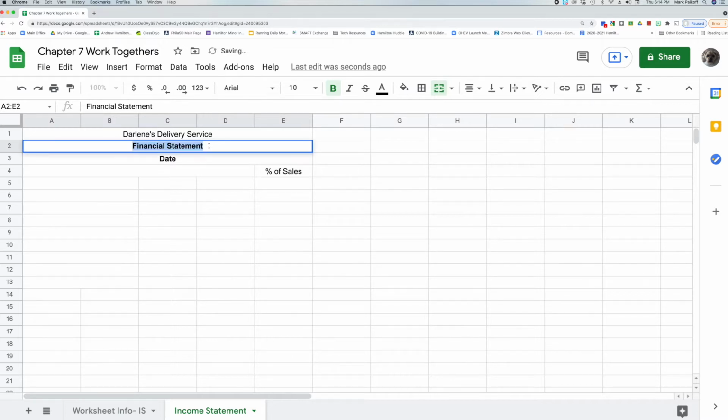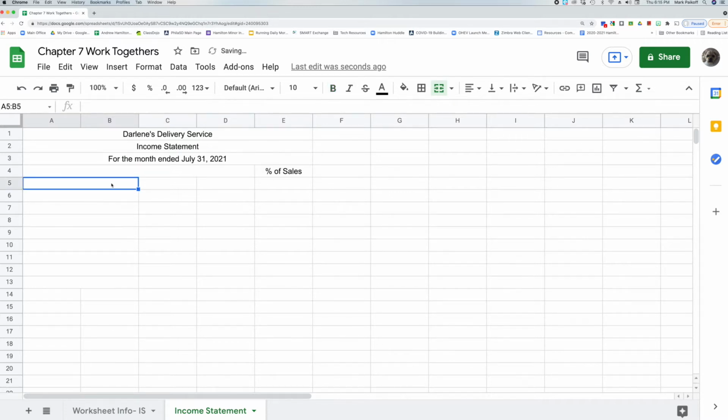Next, we are going to put in the name of the financial statement, which is going to be an income statement. And then, after that, we are going to put in the date, and this is going to be for the month ended July 31st of the current year, which is 2021.